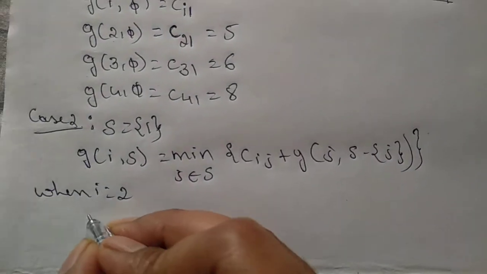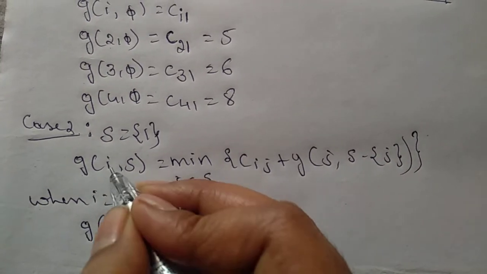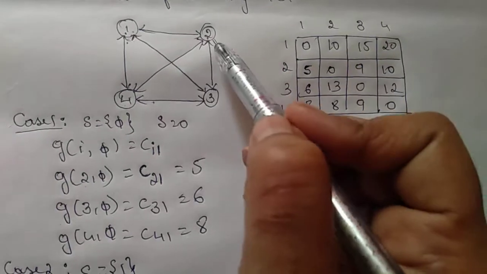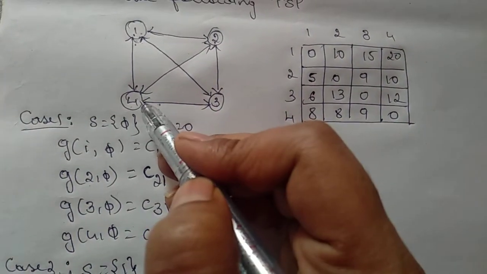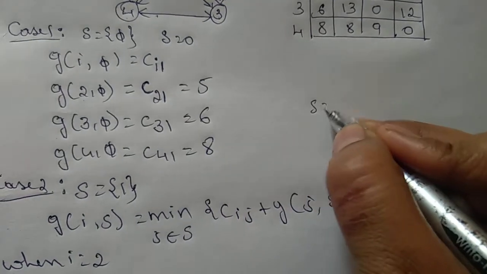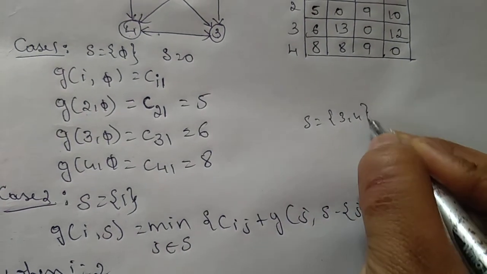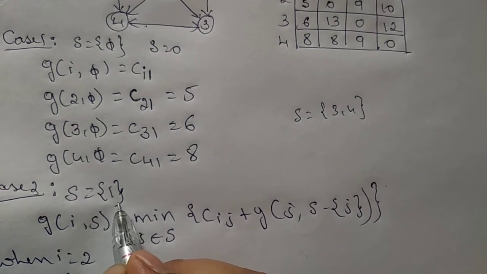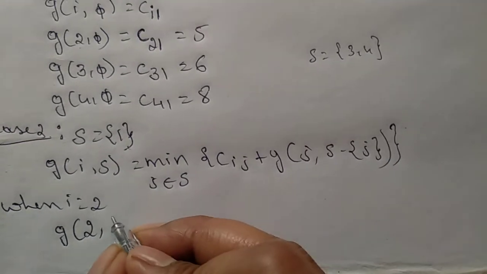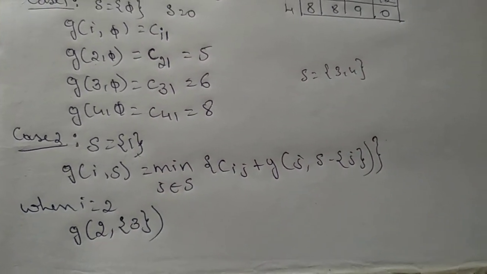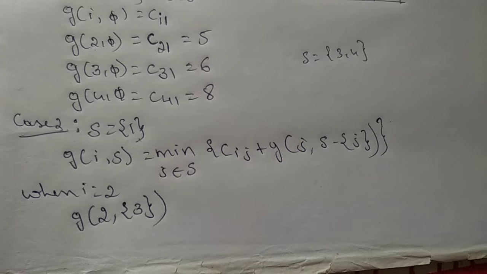So i value is 2. S value, either he can go to 3 or he can go to 4. Here I cannot take S is equal to 3, 4 because you have to consider S as 1, not 2, a set of only one vertex. So first I'll assume from 2 I am going to 3 and find the value.